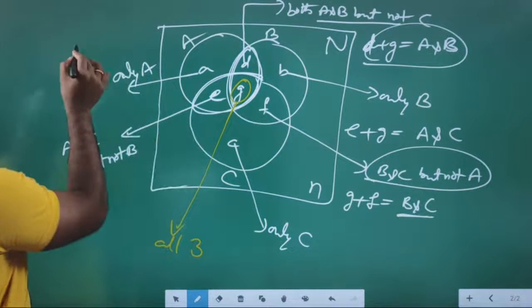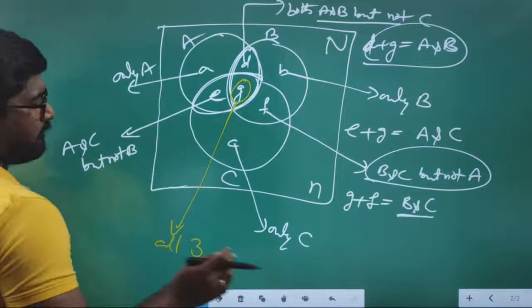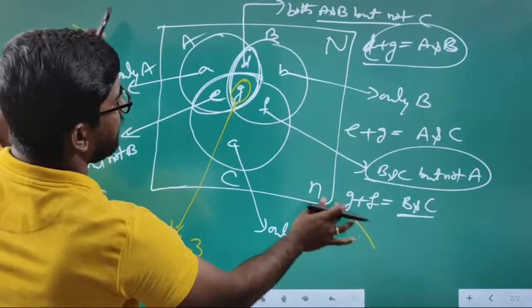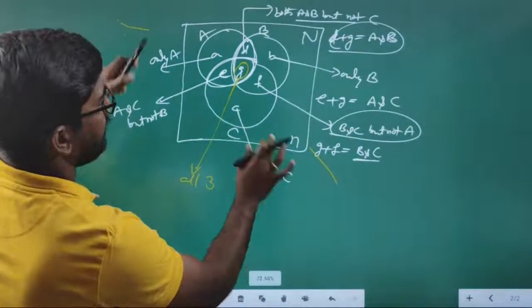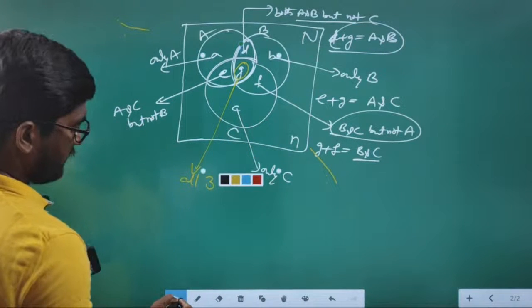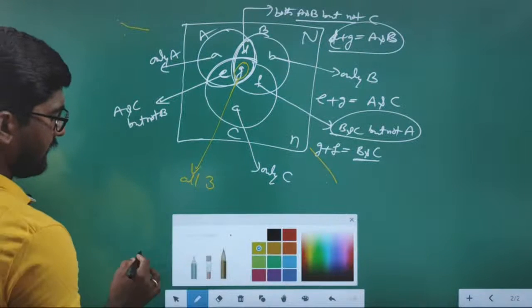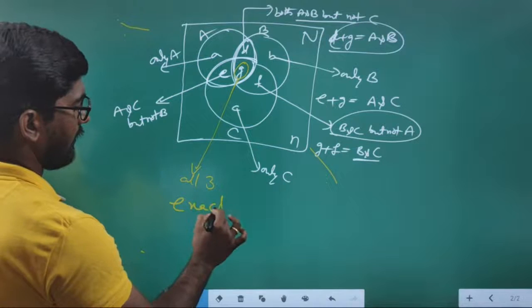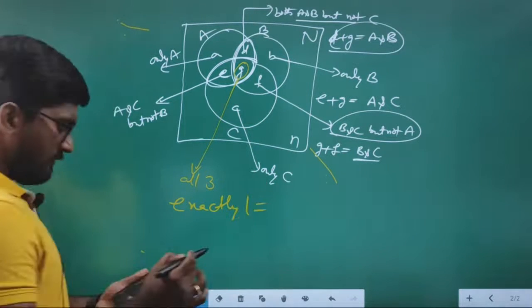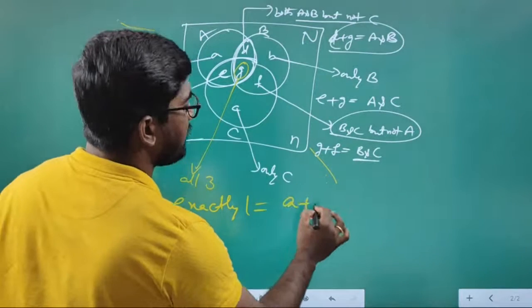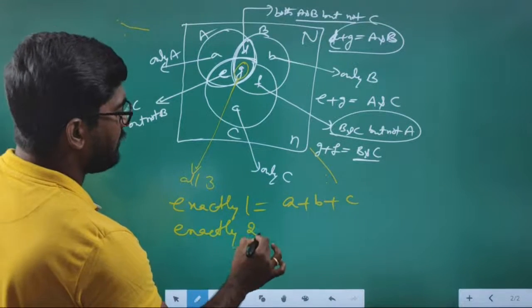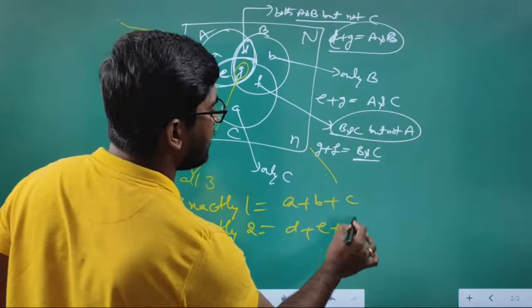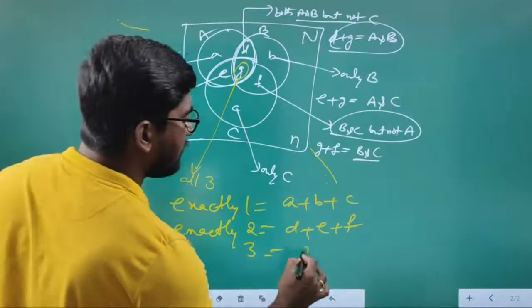If you want to know exactly one event, exactly one is nothing but small a plus small b plus small c. Whereas exactly two events is nothing but d plus e plus f. Exactly three events, g.